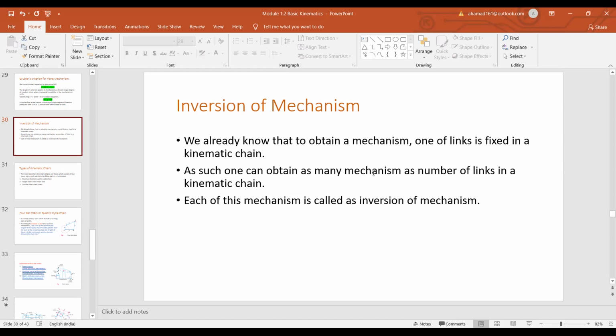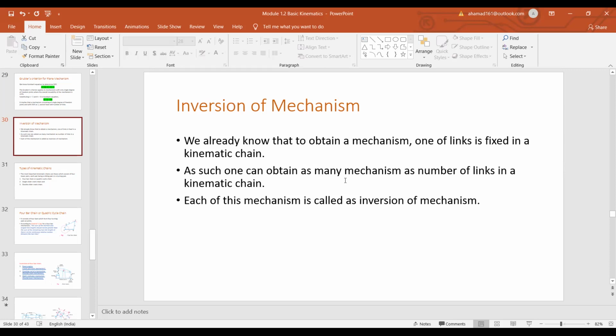And all these mechanisms obtained from the same kinematic chain by fixing different links are known as the inversions of the mechanism, or inversions of the kinematic chain, or inversions of the original mechanism.